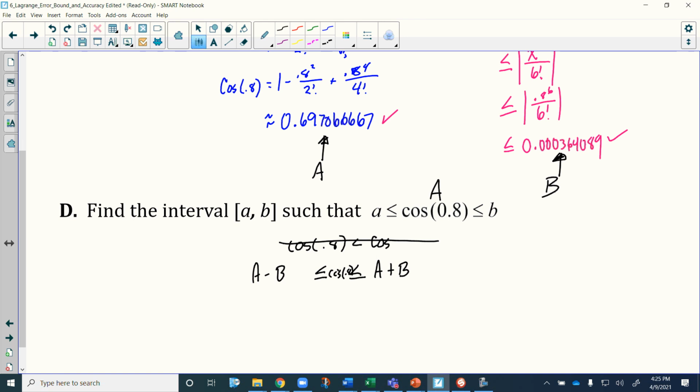Basically, we're going to take the 0.697 number and add the 0.0003 number, and then subtract it as well.